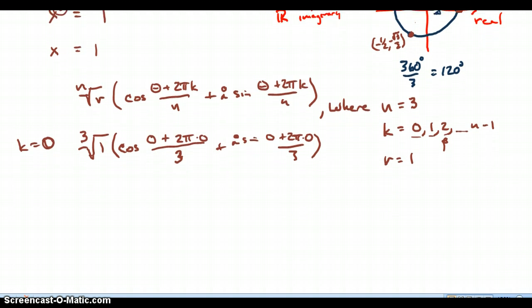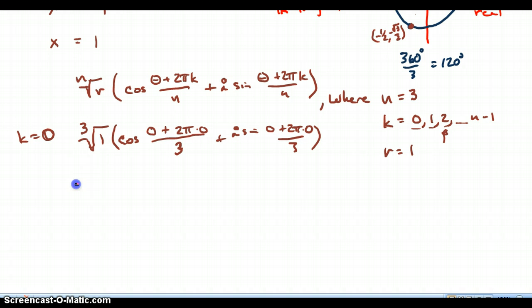And we work through this and we say this is going to be equal to the cube root of 1. That's 1. Cosine 0 plus 2 pi times 0. This whole thing on the top is 0, so it's the cosine of 0 plus the i sine of 0 plus 2 pi times 0 is 0 over 3. That's 0. So this is going to be 1 times cosine of 0, which is 1.